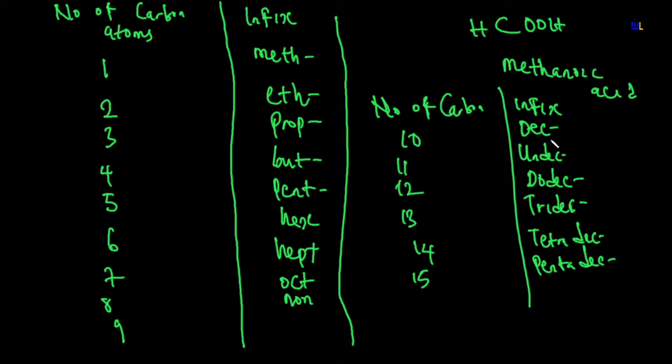All you need to do is attach the Latin name for the other numerical values to that multiple of 10, and you have the name for the corresponding one.